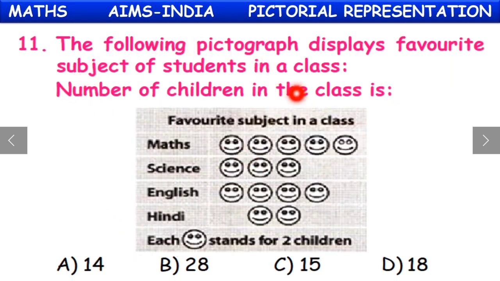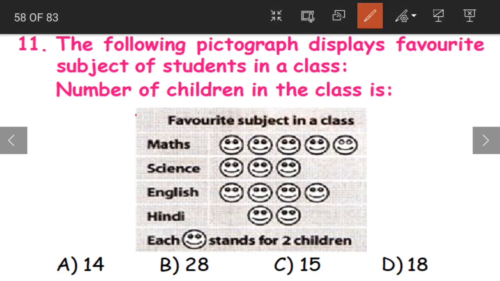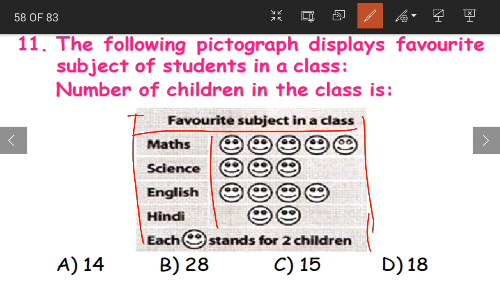Question 11. The following pictograph displays favorite subject of students in a class. Now we are having a pictograph which tells us about the favorite subjects of students in a class, children. Now we have to find out the total number of students. Again total means what should we do?